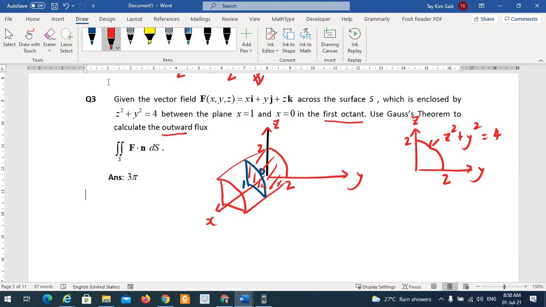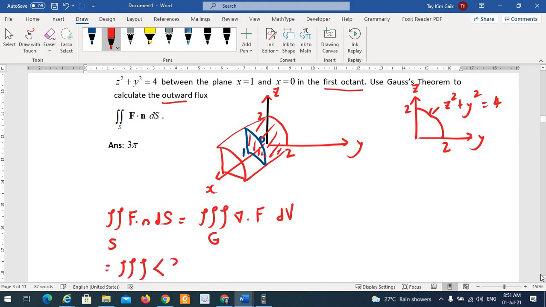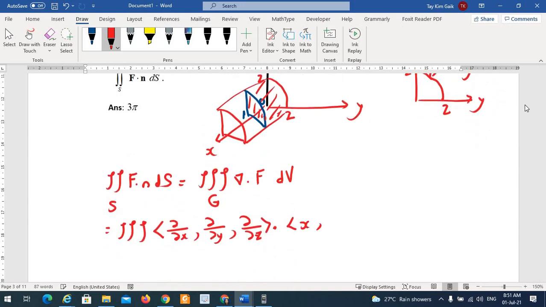Okay, and now we solve the Gauss theorem. The triple integral of del dot F dV across solid G. Okay, then del is del/del x i, del/del y j, del/del z k, dot with F, which is x i, y j, z k, dV across solid G. So this is the so-called divergence or Gauss theorem.